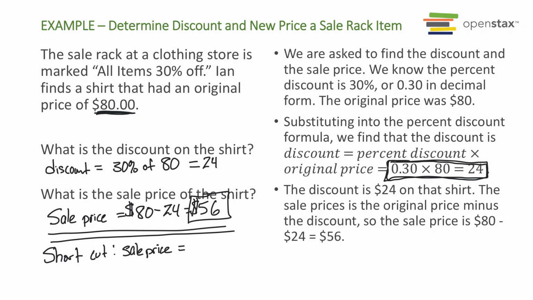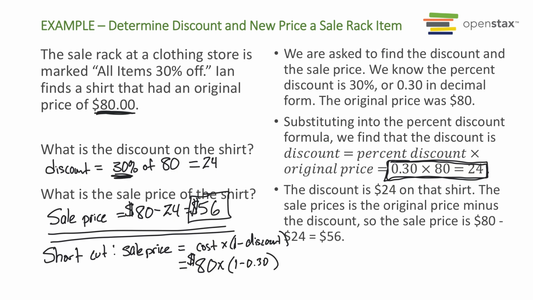I'm just going to do the cost times 1 minus discount. So that's going to be the cost. Well, let me just put in the actual numbers. So that's going to be $80 times, and then the discount was 30%, so that's going to be 1 minus 0.30.